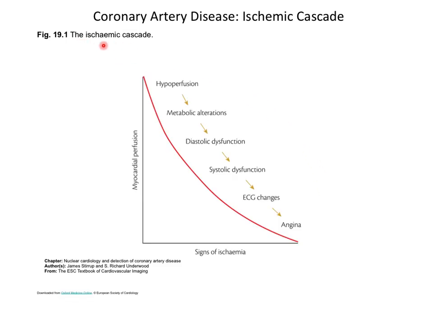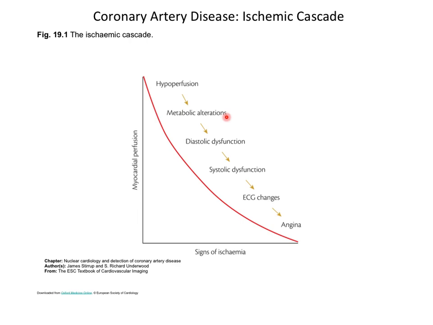So the ischemic cascade, this is what's going on both in your symptoms and what's going on in the cells, as the myocardial perfusion, if it's normal here and it's dropping because of this critical stenosis, you'll start seeing metabolic alterations in the cells themselves.